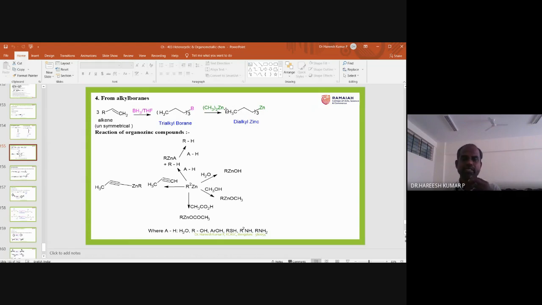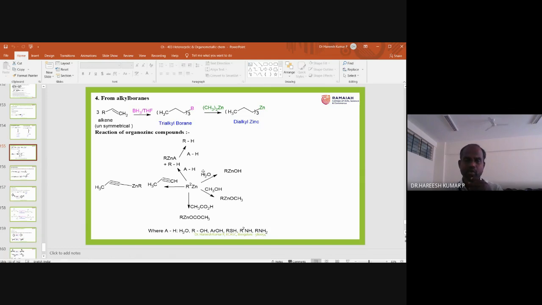Now let's look into the reactions of organozinc. Look here, I am taking the organozinc, R2Zn. If we add water, you know the nucleophilic part of water is oxygen.